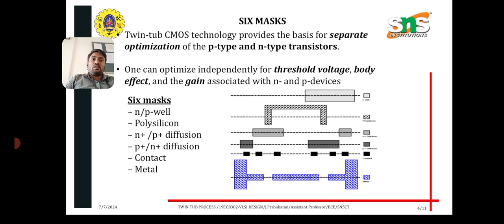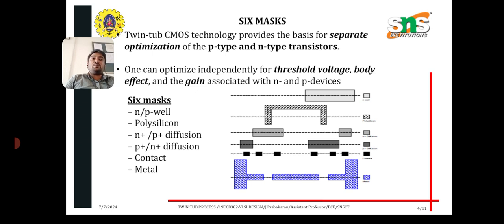And the fifth mask is contact. In semiconductor manufacturing, this refers to the area where metal or other conducting material makes direct contact with a semiconductor material, enabling electrical connection between different layers or components. And the metal mask refers to the metal layer used in semiconductor fabrication, typically aluminum or copper, which is used to create interconnects between different parts of an IC, which means integrated circuit.